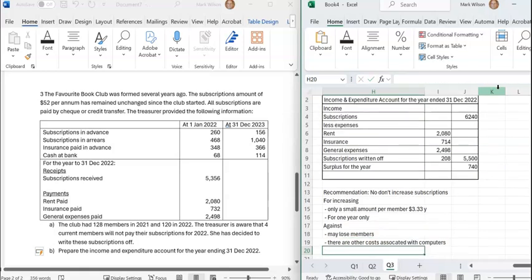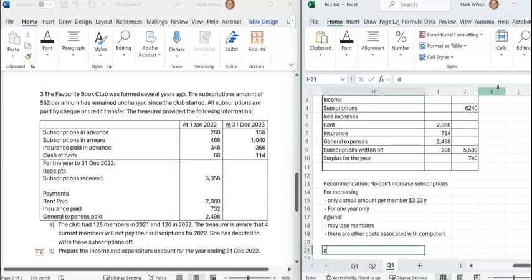Right, so that's basically all you have to do for that one. The last part, D. D asks you state the meaning of the following terms. So receipts and payments account. So what is that?